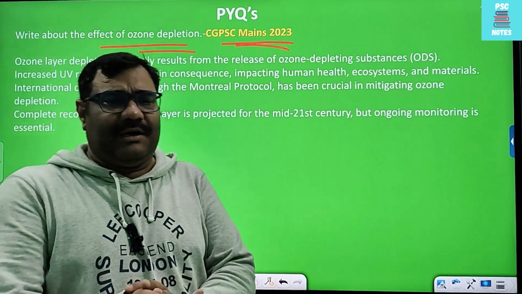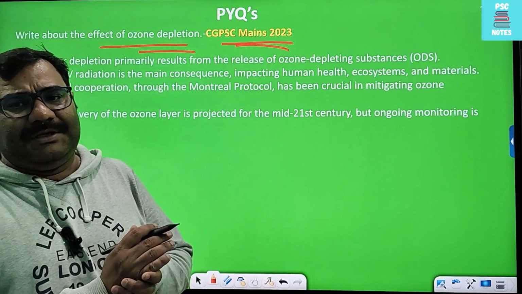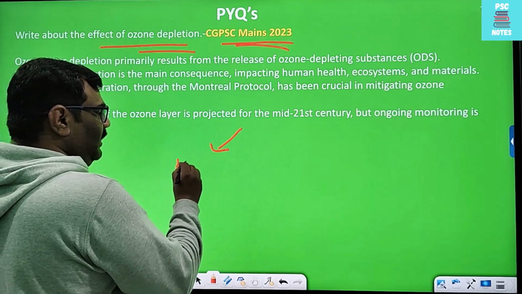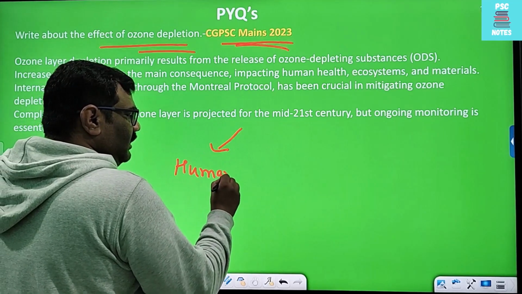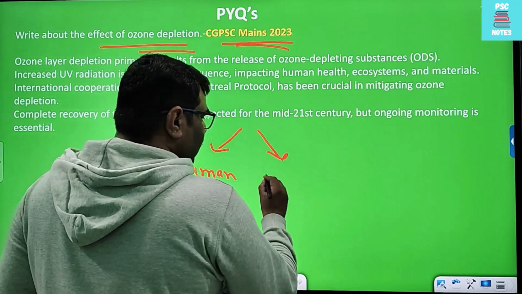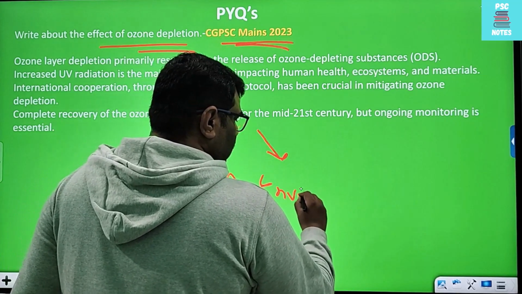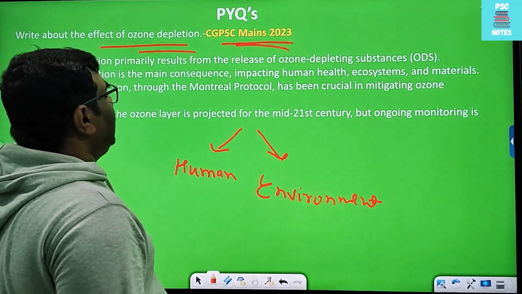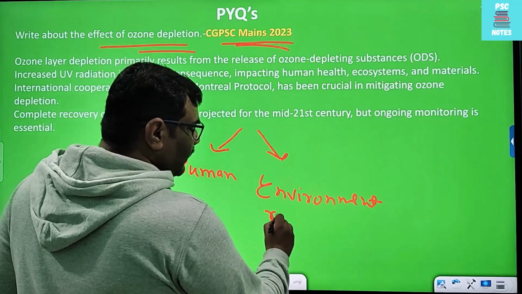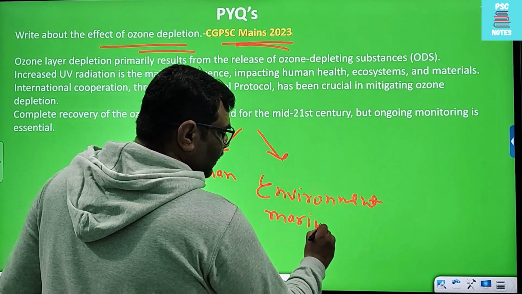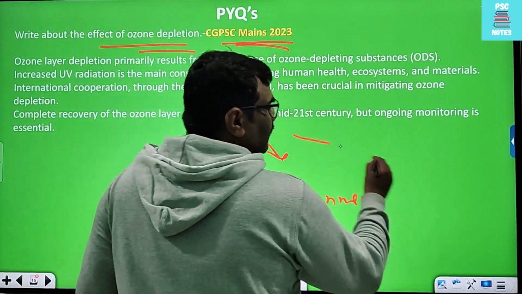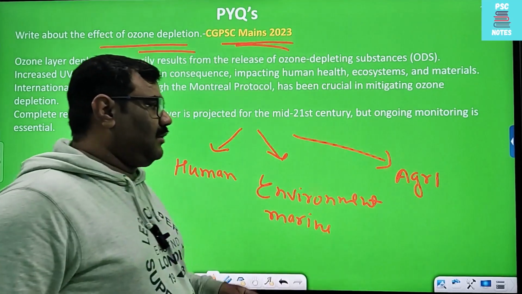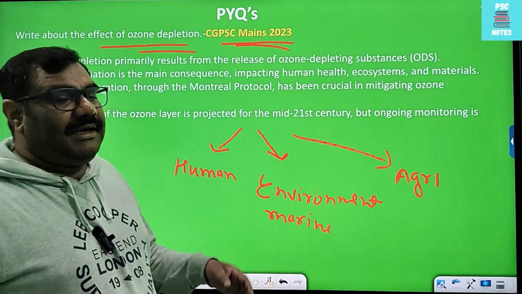So we have already covered what the effects of ozone depletion are. Ozone depletion has an effect not only on humans, but also on the environment, particularly the marine environment, and further it has an effect on agriculture.